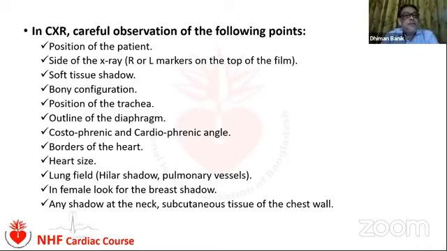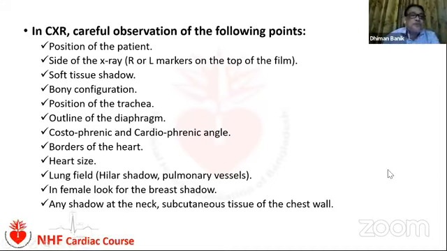In the side of the chest X-ray, the marking of the right and left marker, the top of the film should be seen properly. Soft tissue shadow should be seen properly, because there might be subcutaneous emphysema, which might be important in some of our interventions.